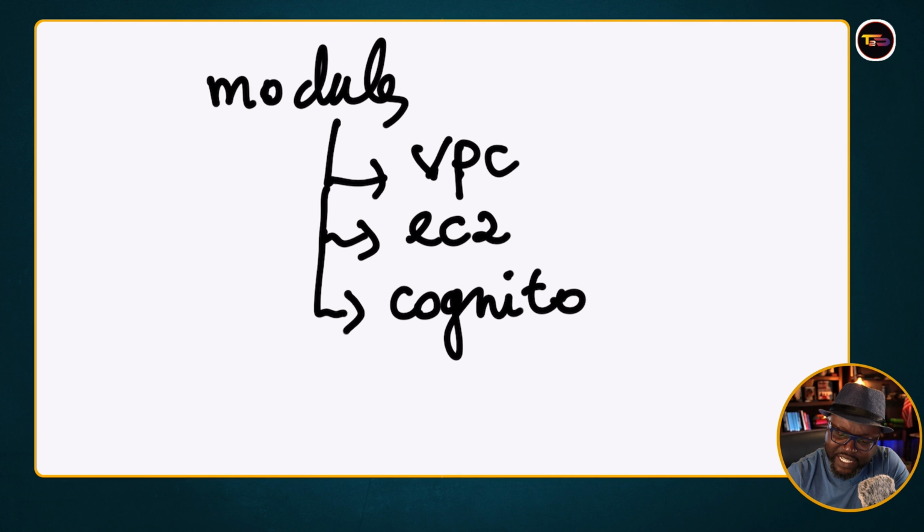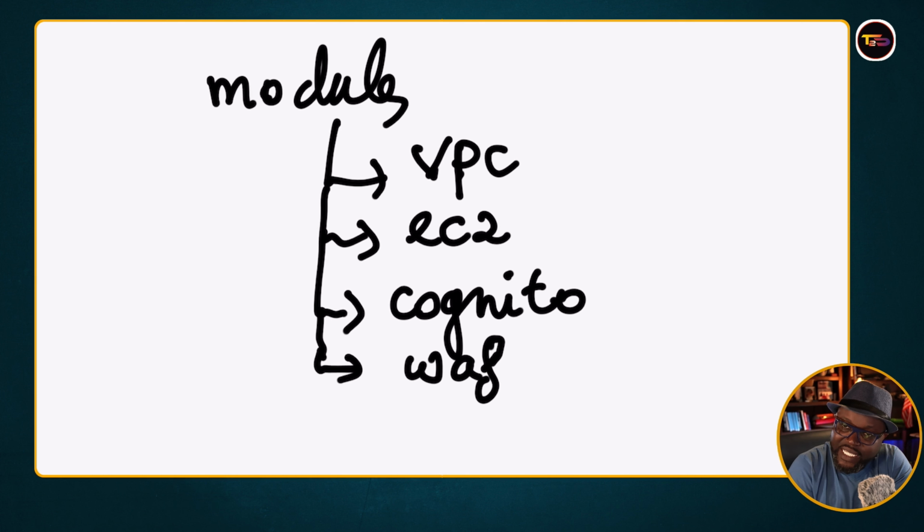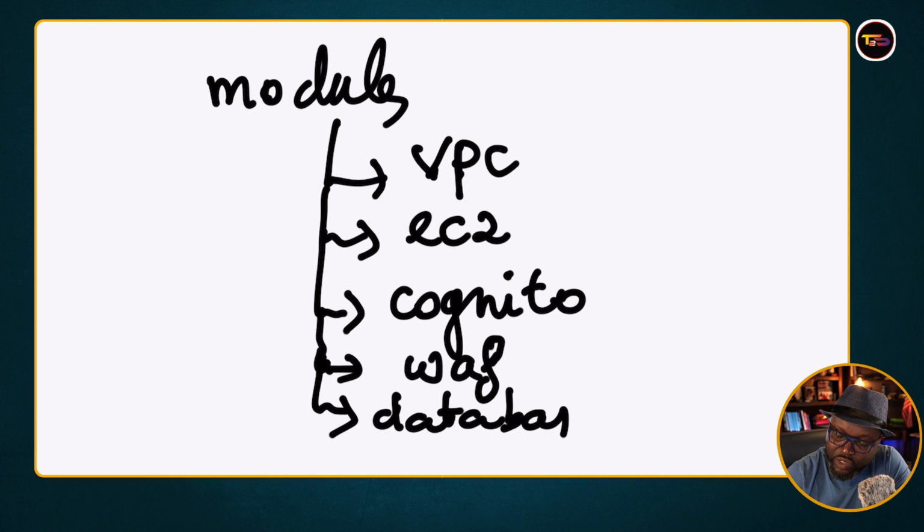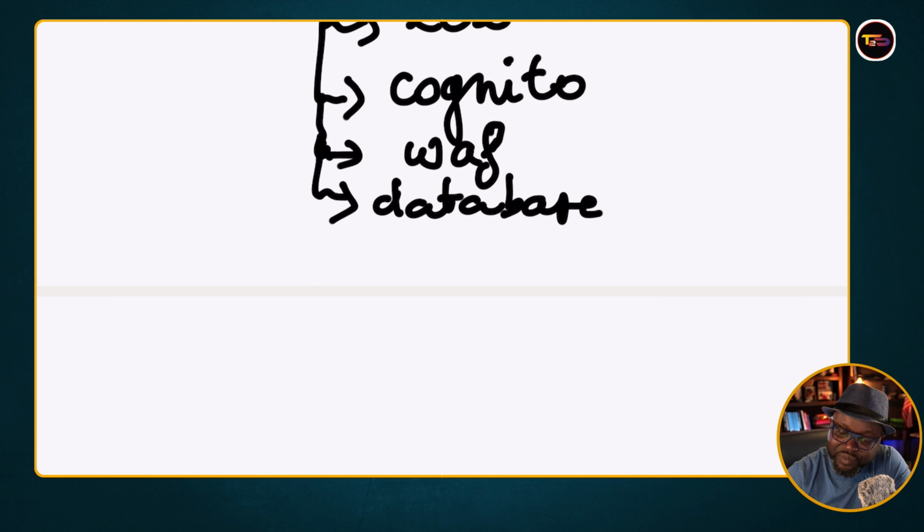Here you can have something like WAF, which is a web application firewall. This is just an example. You can also have a database where you store your data. This is your bank.